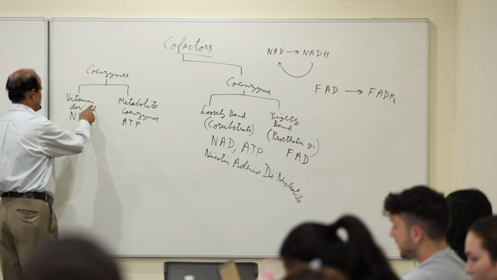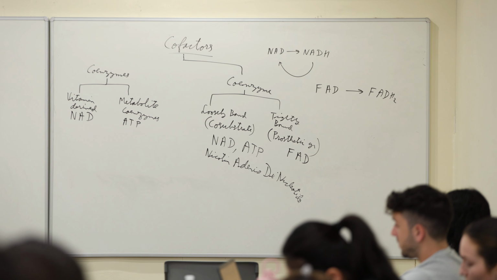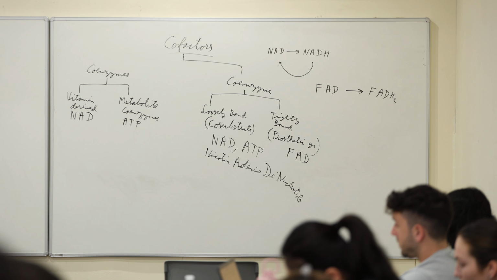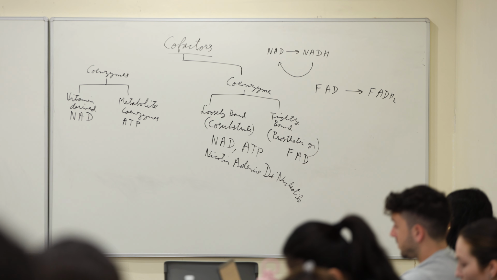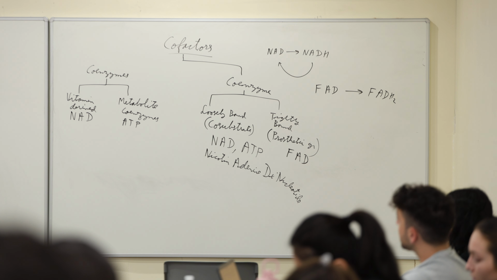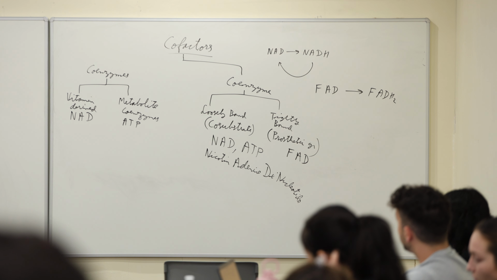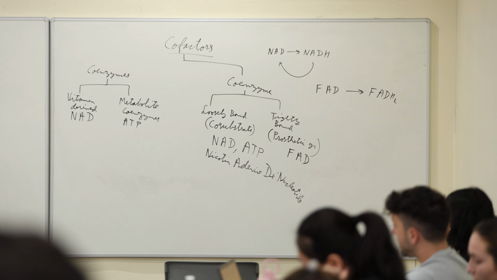And then there are many others like vitamin B6, called pyridoxal phosphate, and thiamine pyrophosphate. Now, each of these vitamin-derived coenzymes, or whether it is a metabolite coenzyme, talking about the reactions that they catalyze or help catalyze, is of no use now because we haven't come to those reactions.